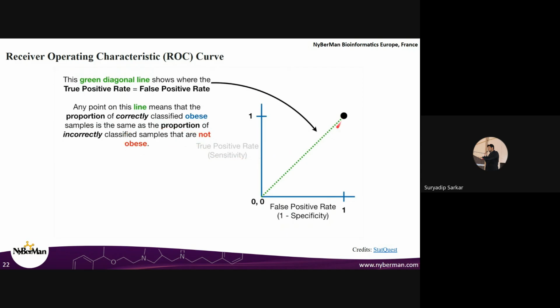As good as my model is with respect to classifying obese samples, it is as bad with respect to classifying non-obese samples, because this is the straight line on which every point corresponds to TPR equal to FPR.